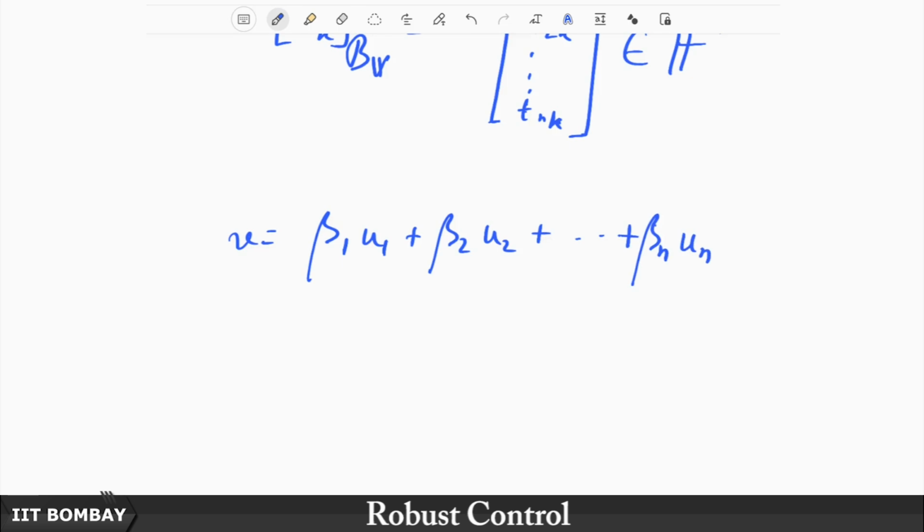Of course, two basis sets may have different elements, but the number of elements in the two basis sets must be the same, because they define a unique property of the vector space, that is the dimension. I might choose one basis, you choose another basis. Our bases may be completely different, but the cardinalities, the number of elements in those two basis sets, must be the same.